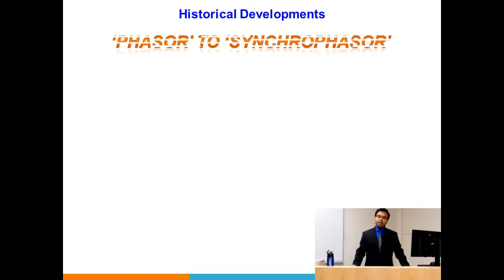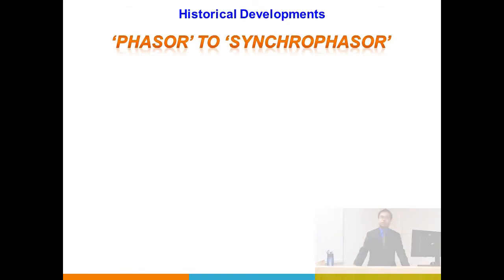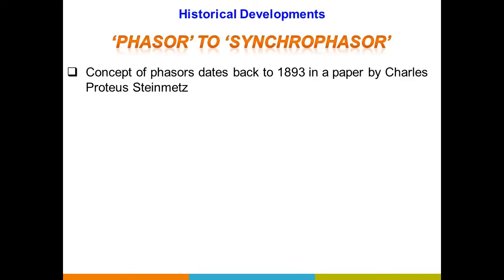So let's see the historical developments of Synchrophasor technology, and let's see how Phasor became Synchrophasor. That means we are looking at the journey from Phasor to Synchrophasor. Now it turns out that the concept of phasors is not really new. It is an old one.